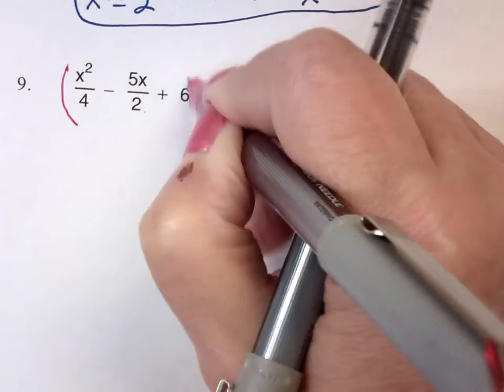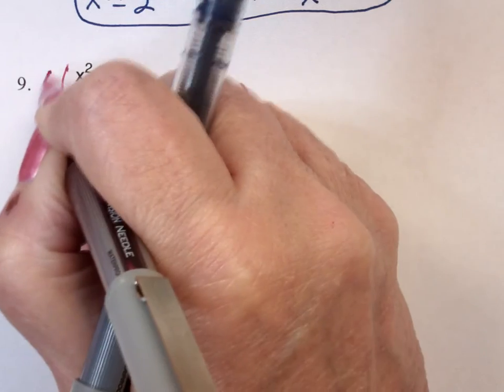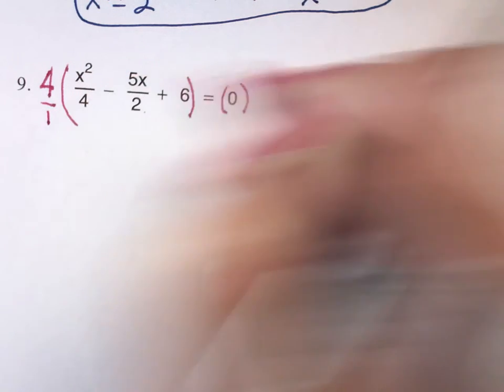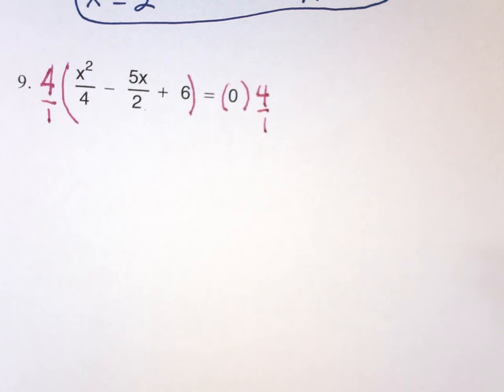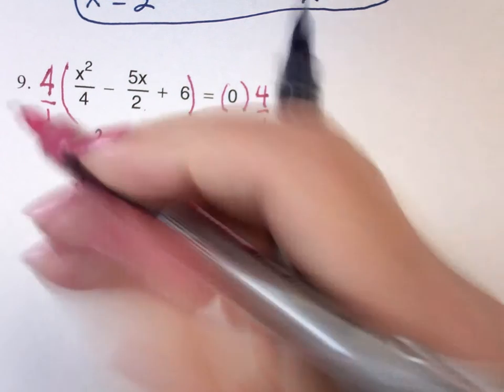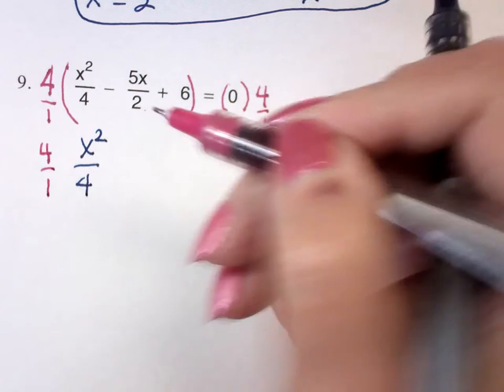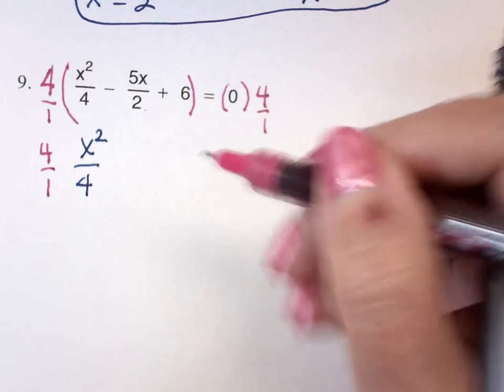So left-hand side, right-hand side, multiply the left-hand side by 4 over 1, the right-hand side by 4 over 1. So this becomes x squared over 4, 4 over 1. This is what chapter 6 is going to be all about, fractions.